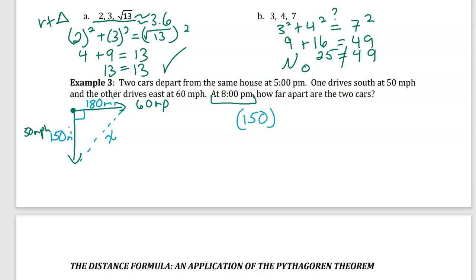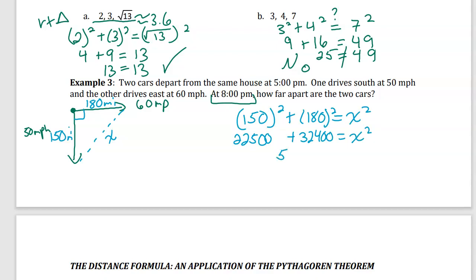150 squared plus 180 squared equals x squared. And we solve. So we get 22,500 plus 32,400 is equal to x squared.